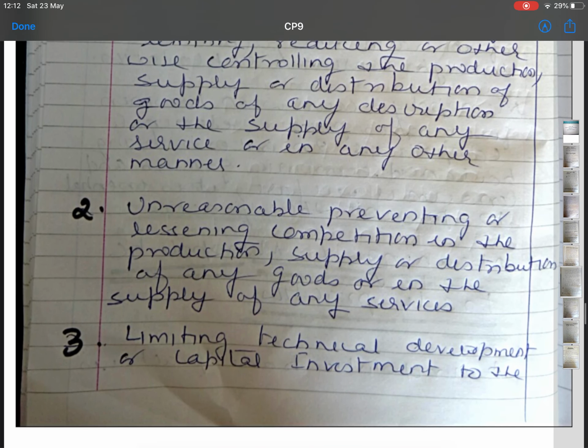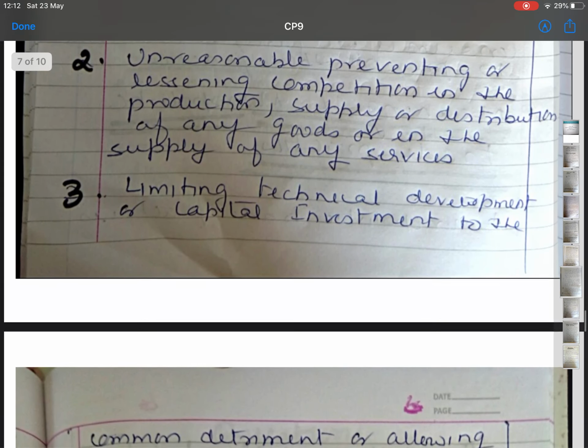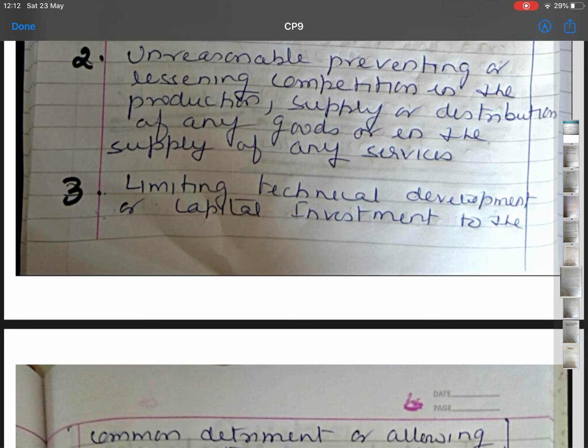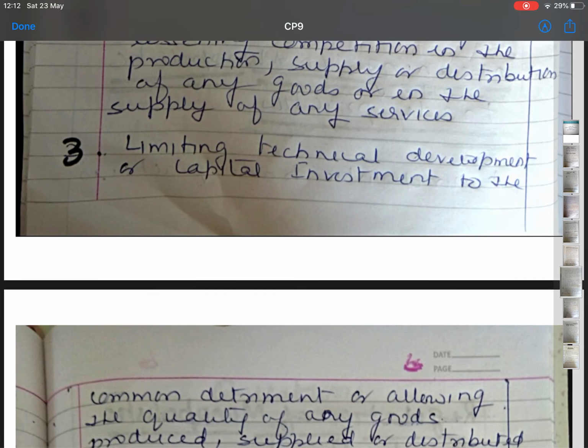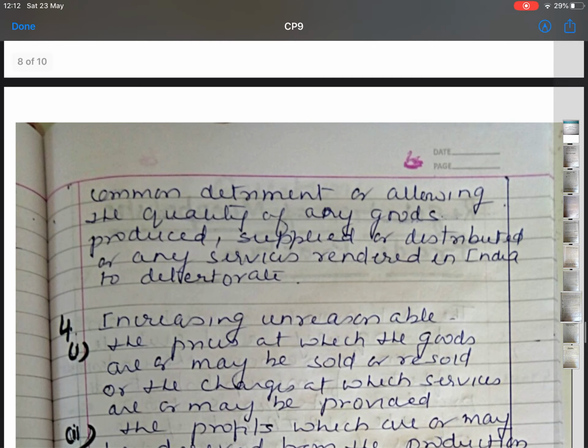Second, unreasonably preventing or lessening competition in the production, supply, or distribution of any goods or in the supply of any services. Third, limiting technical development or capital investment to the common detriment, or allowing the quality of any goods produced, supplied, or distributed, or any services rendered in India to deteriorate.